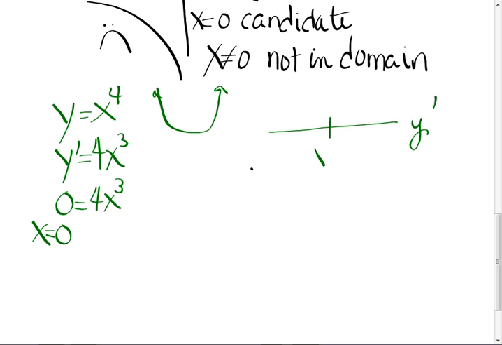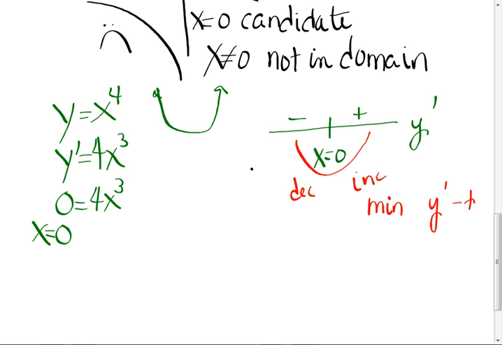So here's x equal to 0. And 4x cubed, if I put in a positive 1, is this positive or negative? Positive. If I put in negative 1, negative. Now what does that tell you about my function? My function is decreasing, then increasing. So it's coming down like this and this, so I have a what here? Minimum. And you would say, y prime goes from negative to positive.